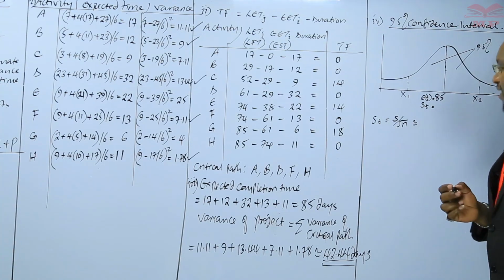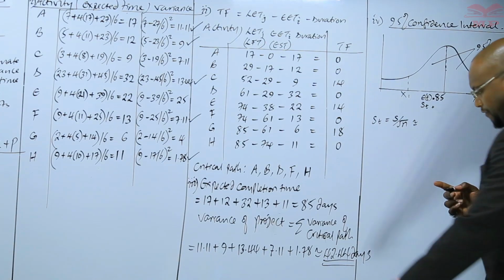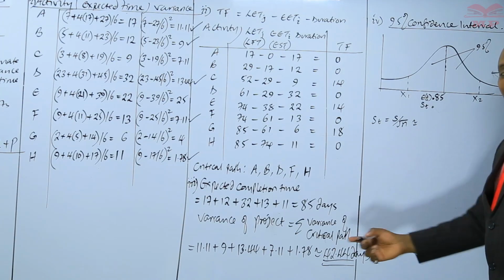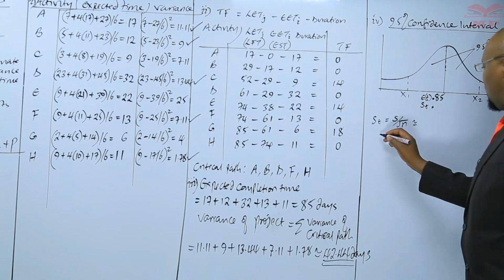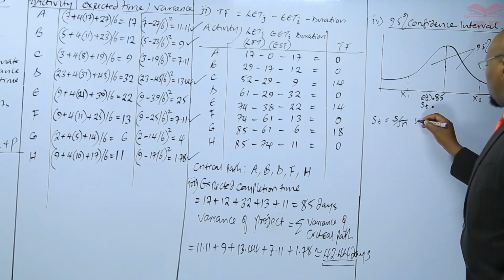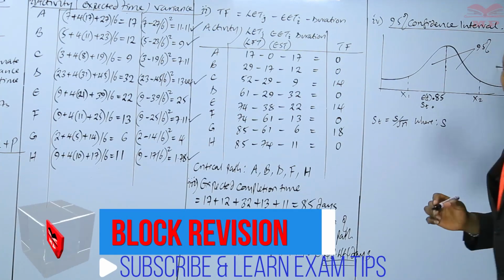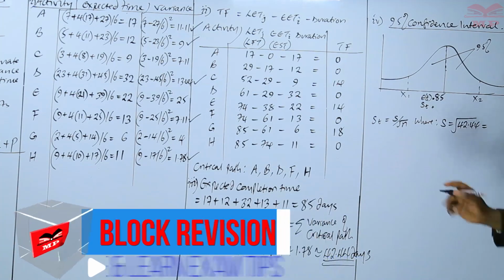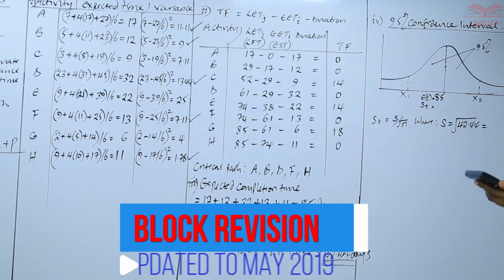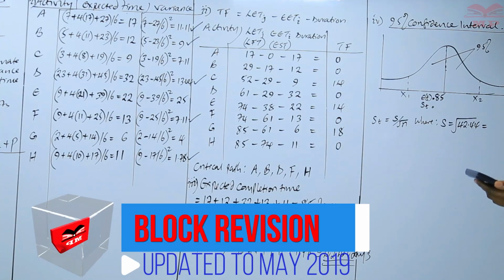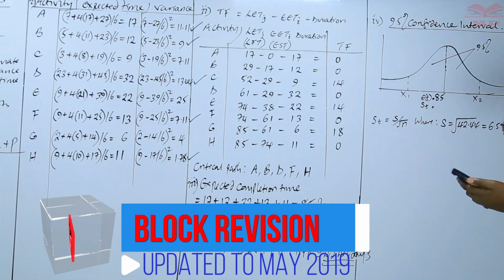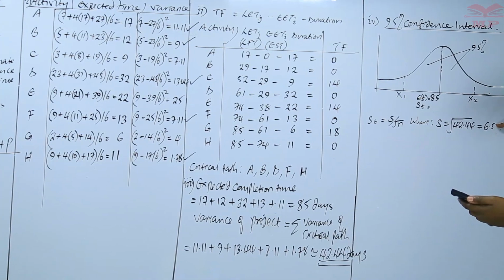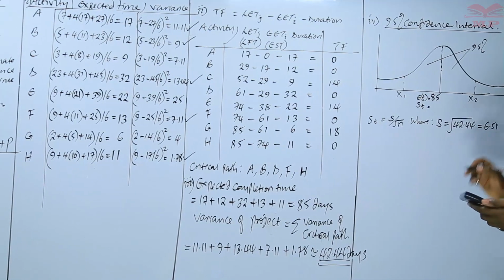Meaning, if I take the standard deviation of this project, which is 42, but this is the variance, I need to take the square root, where S is the standard deviation, given as the square root of 42.44, which is going to give us 6.51.